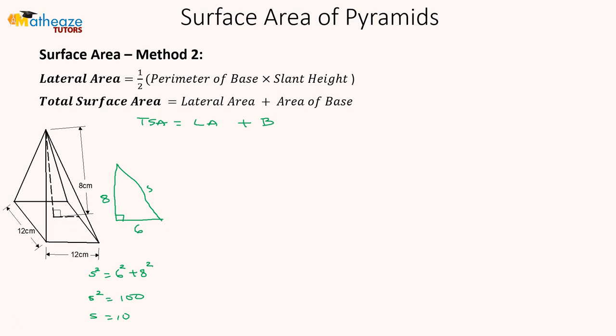Now let's look for the lateral area. Lateral area is equal to 1/2 of 12 plus 12 times 2. And then we multiply that by the slant height, which is 10. So this is going to give us 24 times 10, which is 240 square feet.